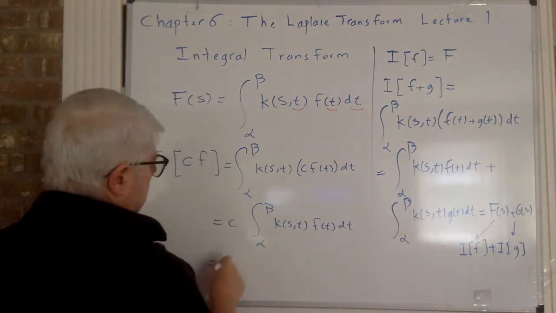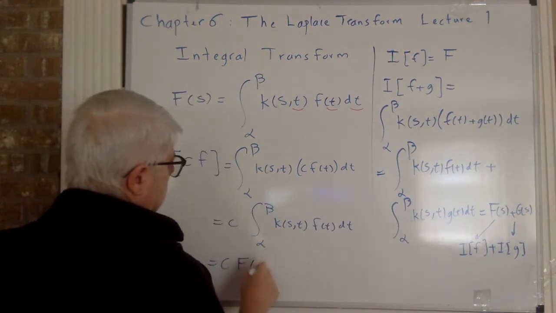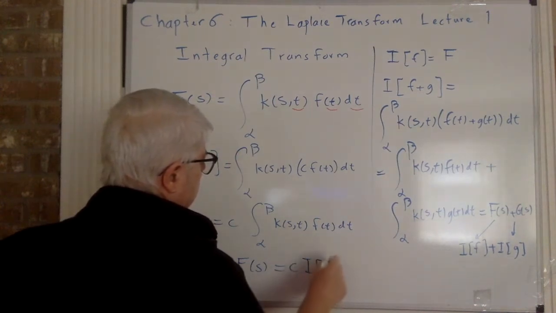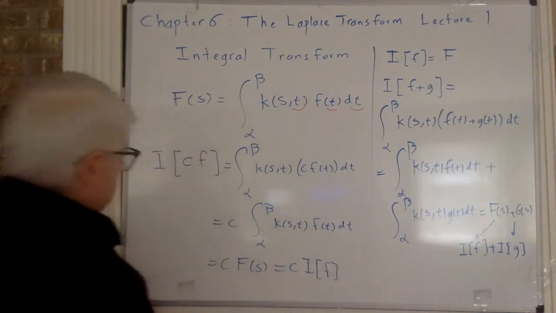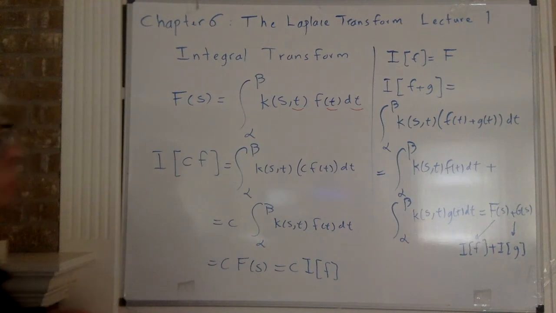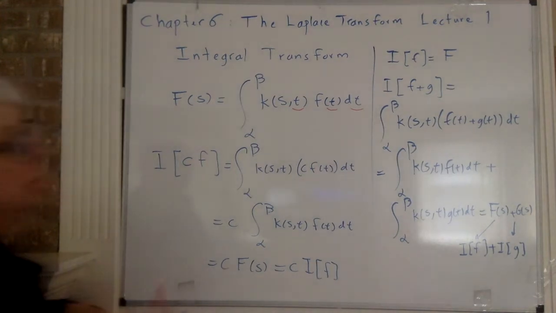So that is c I of f. So both conditions are satisfied by this transformation, by this I. So this is in fact a linear transformation, or a linear function, or whatever you call it.